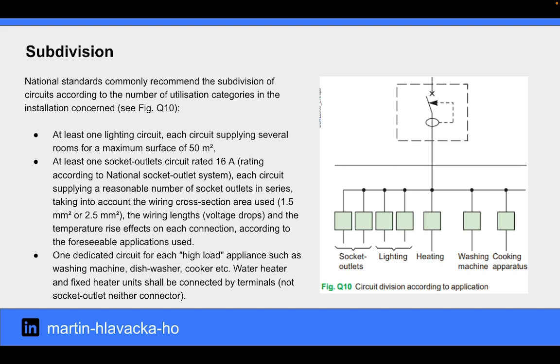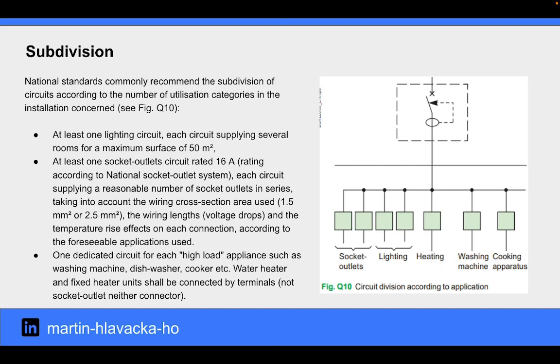At least one socket outlet circuit rated 16 amp, each circuit supplying a reasonable number of socket outlets in series, taking into account the wiring cross-section area used, the wiring lengths, and the temperature effects on each connection according to the foreseeable applications used.